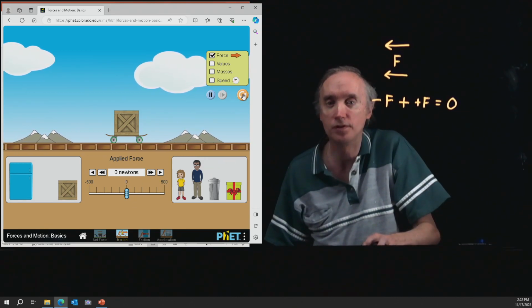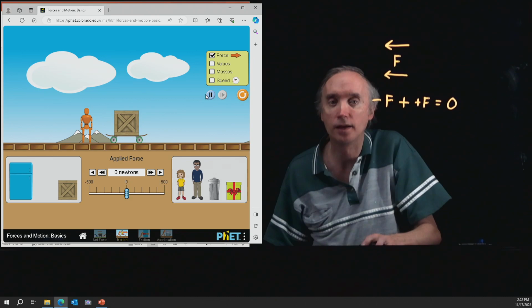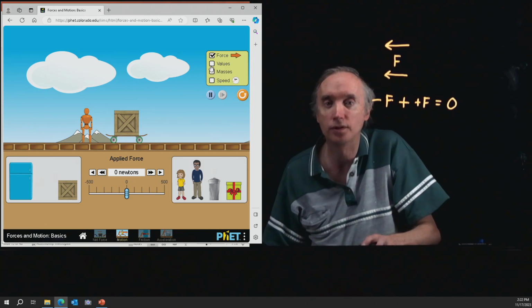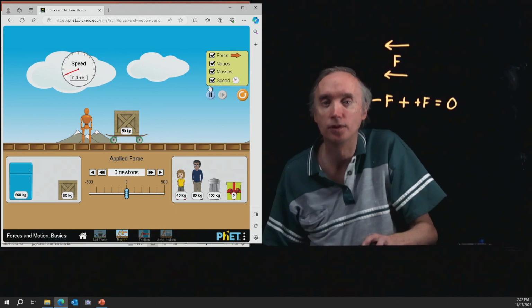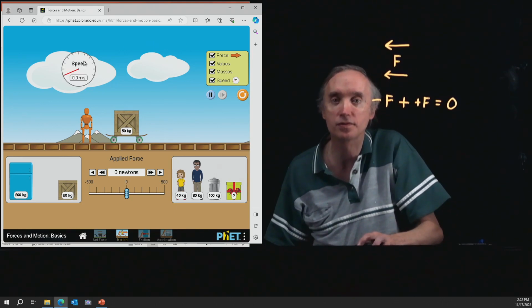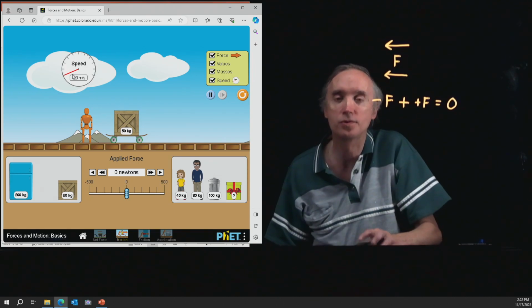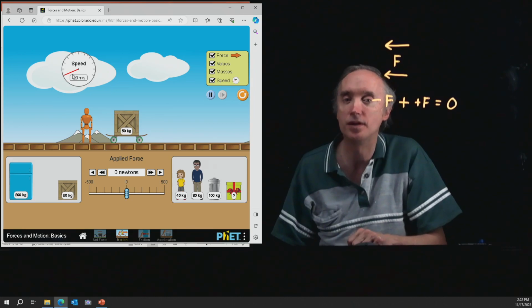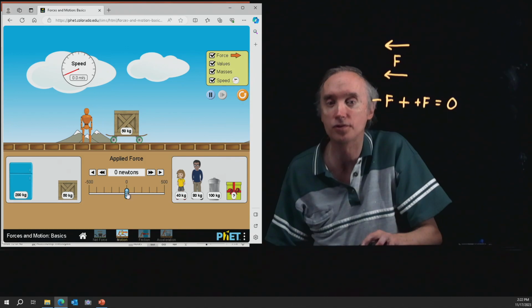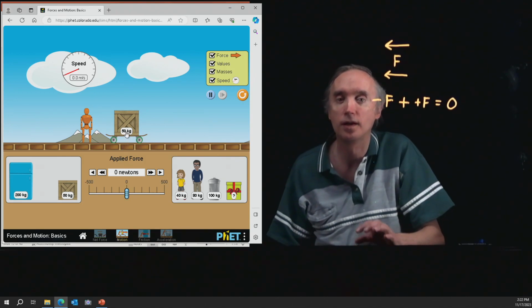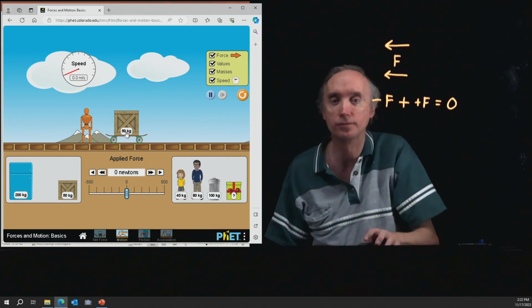So we're going to hit the reset button again here, and what we can do is if we click on these various boxes, we can put numbers on everything. But the most important thing is this speedometer, this thing right here. So I want you to observe what happens to the speedometer when I apply a force. So I'm going to apply a force to the box, and I'm going to apply the force in this direction.